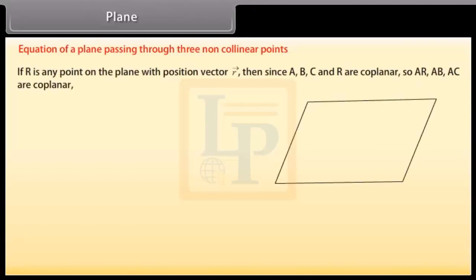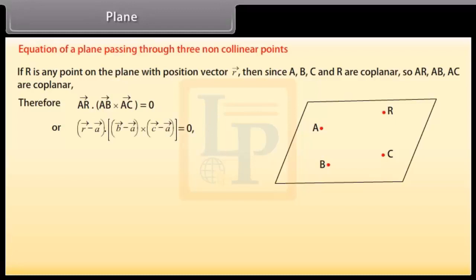Equation of a plane passing through 3 non-collinear points. If r is any point on the plane with position vector r, then since A, B, C, and R are coplanar, AR, AB, AC are coplanar. Therefore, the dot product of vector AR and the cross product of vector AB and vector AC equals 0, or the dot product of vector r minus vector a and the cross product of vector b minus vector a and vector c minus vector a equals 0.